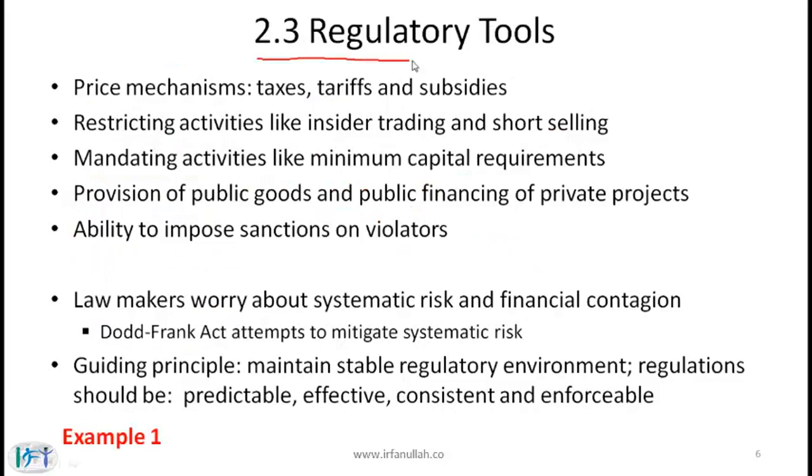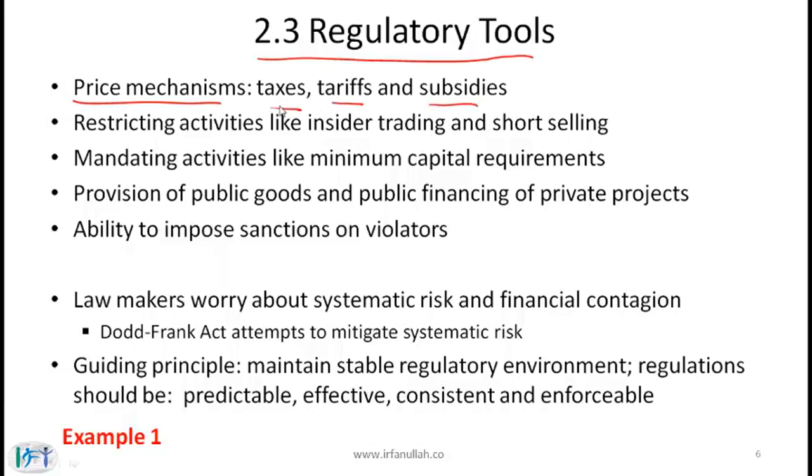Next, we talk about the tools that are available to regulators, and you have, I'm sure, seen these before. So one basic tool, or one basic category, is price mechanisms, such as taxes, tariffs, subsidies.